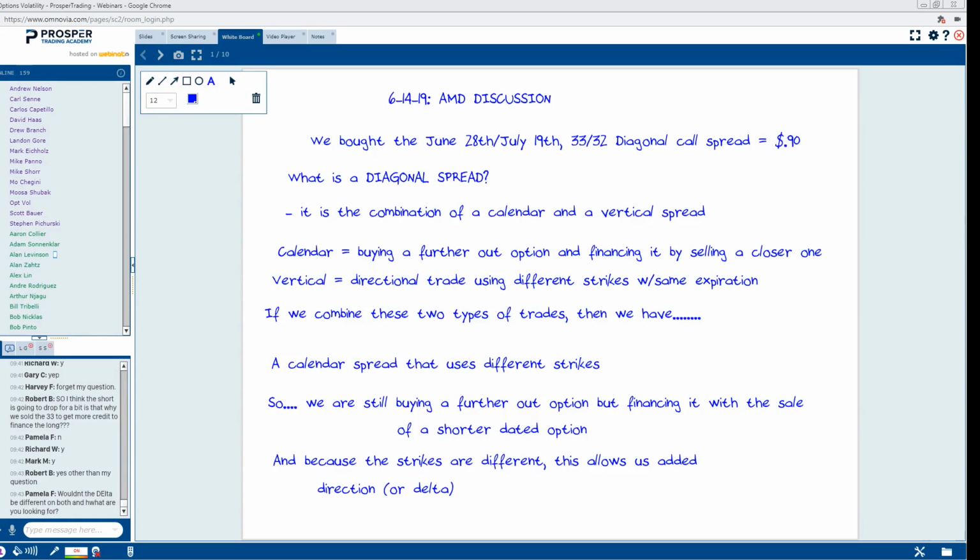Now, what are we looking for here? If we're buying a call option that has a lower strike than the one we are selling, what sort of direction are we looking for?